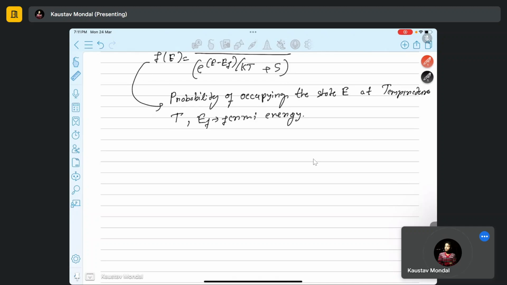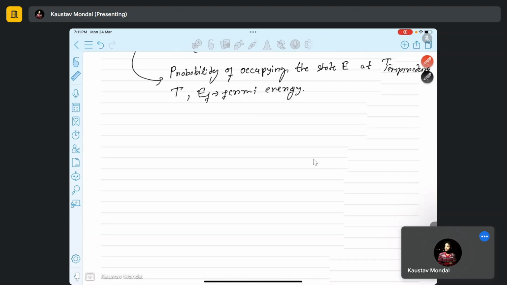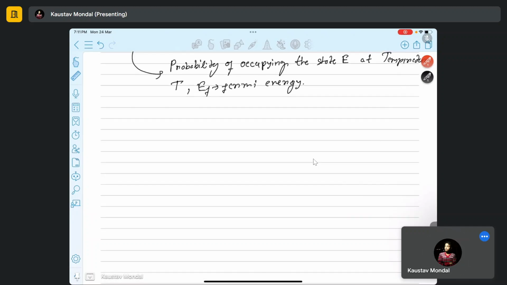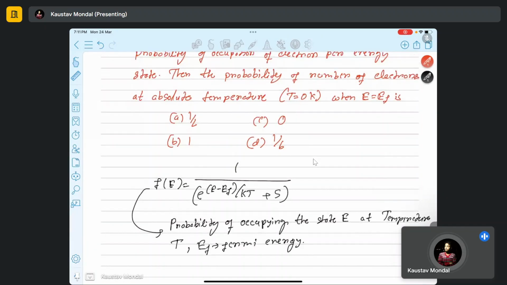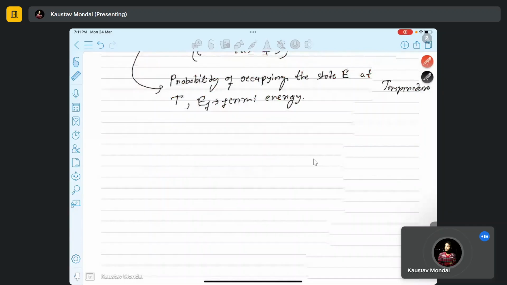Okay. So now the expression is slightly different, but at the same time, we want to calculate the probability at T equal to 0 and when E equal to EF.